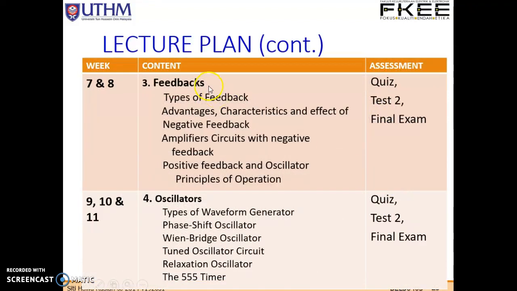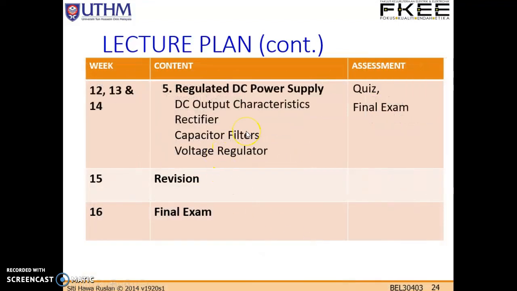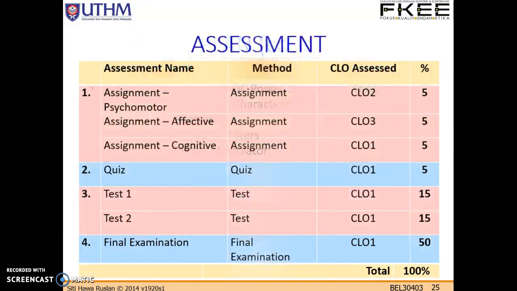Then weeks 7 and 8 are on feedback, weeks 9, 10, 11 on oscillator, and basically test 2 will cover these 2 topics. And lastly will be the regulated DC power supply, which will be in weeks 12, 13, and 14. Then there is the study week, revision, and final exam.